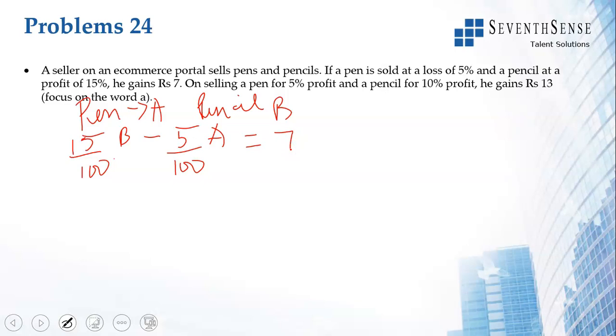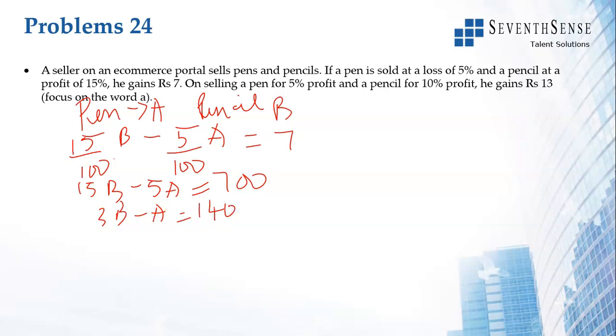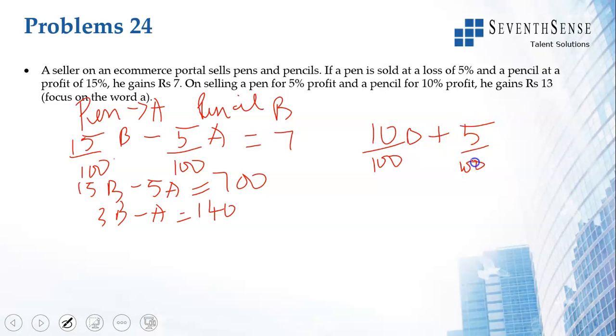15% profit of pencil, 5% loss of pen is equal to 7. And here you will get 15B minus 5A is equal to 700, divided by 5. 3B minus A is equal to 140. Okay, that's the first equation. Similarly, the second equation: selling a pen for 5% profit, pencil for 10% profit, you get 10 by 100 into B plus 5 by 100 into A is equal to 13.